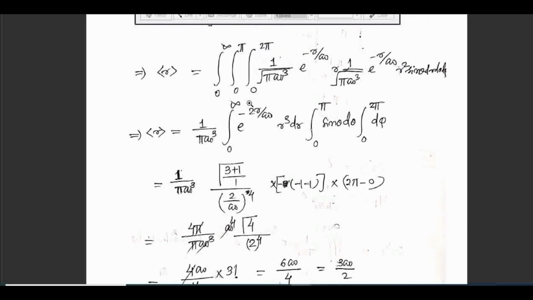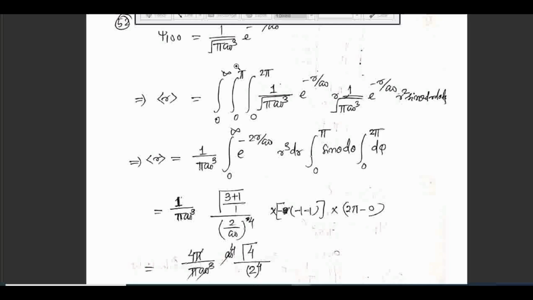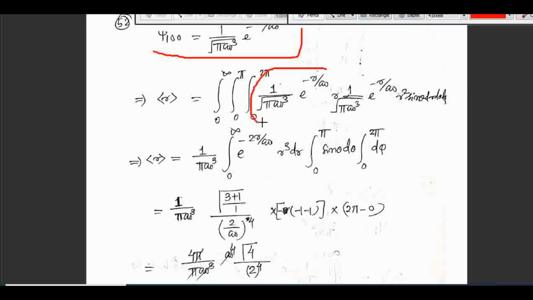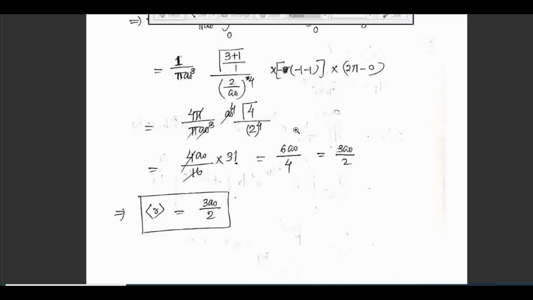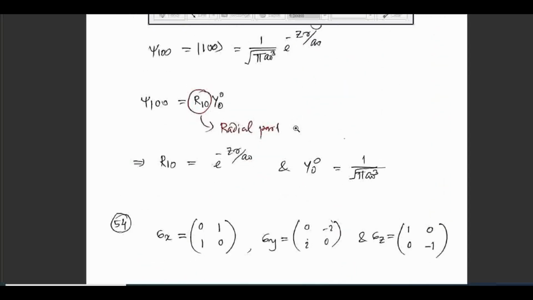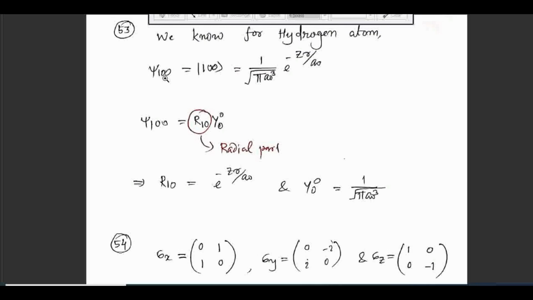This is the ground state wave function for the hydrogen atom. If you see the actual solution, psi 100 is this. This is the ground state wave function.